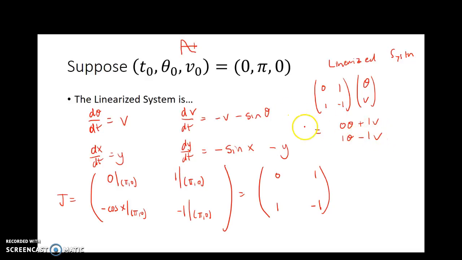And these are the equations for d theta dt and dv dt. Okay, so there's our system of differential equations that are now linearized.